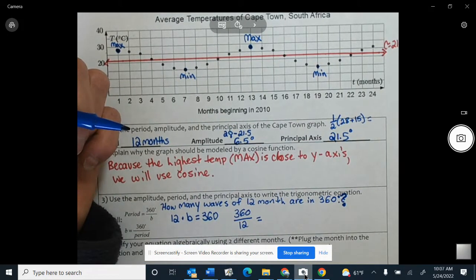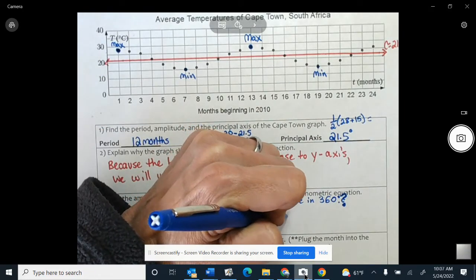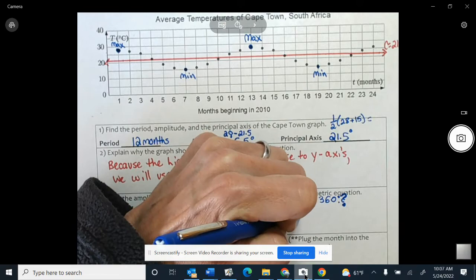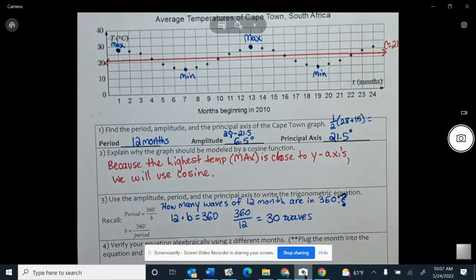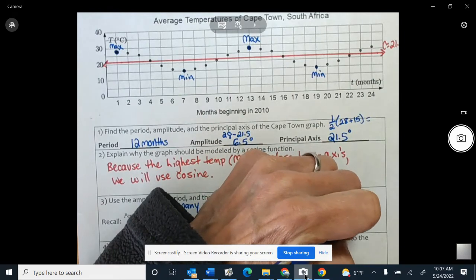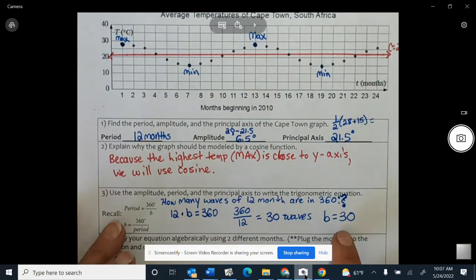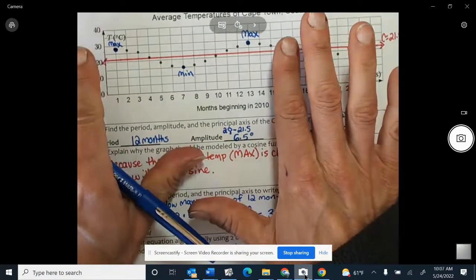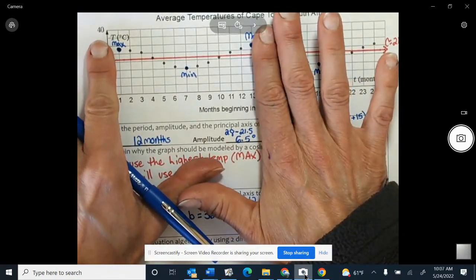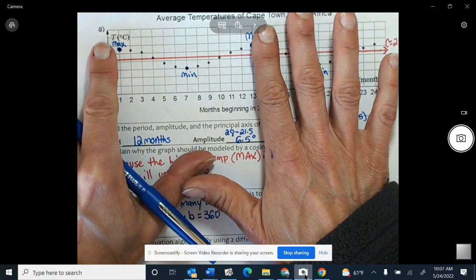And what we should see is about 30 waves. And what that means is our B is 30, because we can put 30 of these 12-month waves in a full circle of 360.